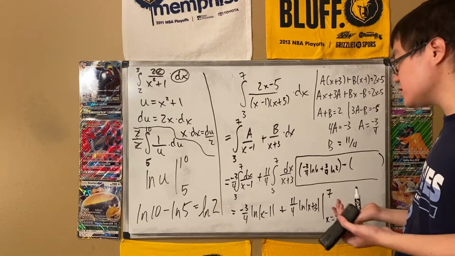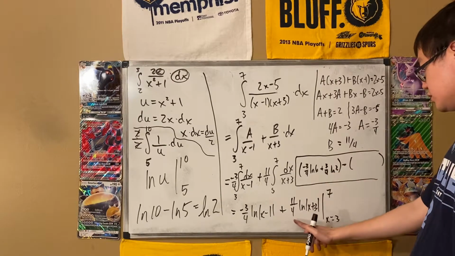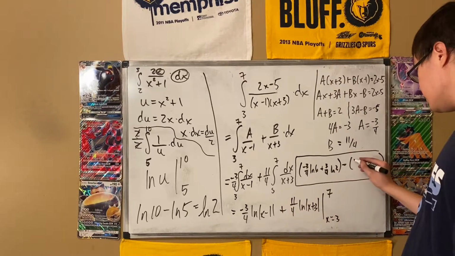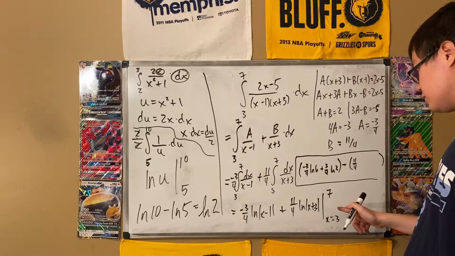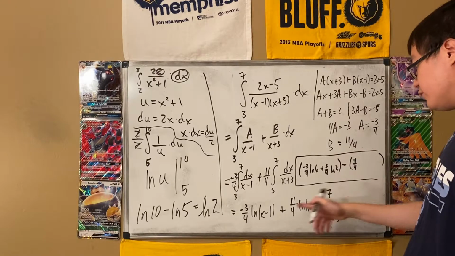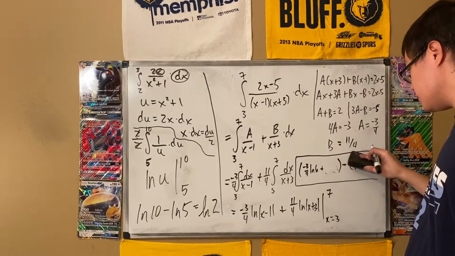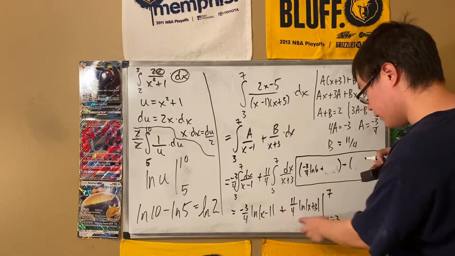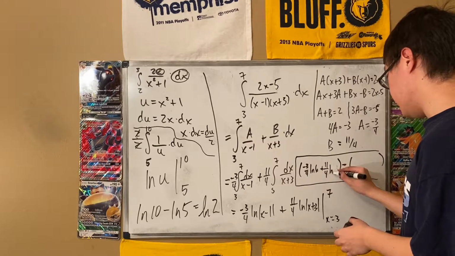You could simplify this again using that division rule, but I'm feeling a little bit lazy. I want to finish the question. So it looks like when we plug this in, you're going to get 11/4. Still plugging in 7. I'm doing top minus bottom twice. I don't know why I'm doing that. Let's erase this. Let's plug in 7 into all of this first. So it's going to be 11/4 ln of 10.